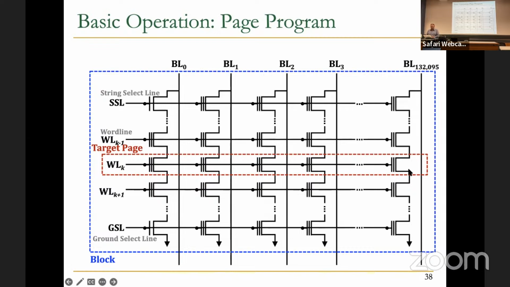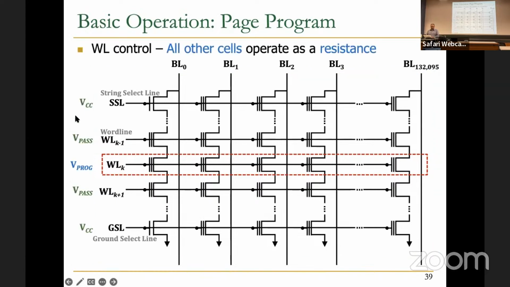So you have a target page, assuming here we have SLC, and you want to program it. You need to activate the SSL and GSL, those isolation transistors. For the other word lines, because they are not related to your work, you need to apply VPass, which is high enough to turn them on. And for the target page, you need to apply the program voltage.